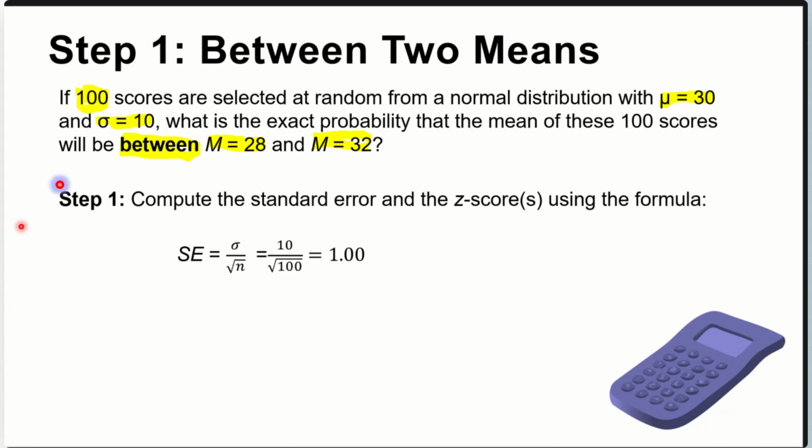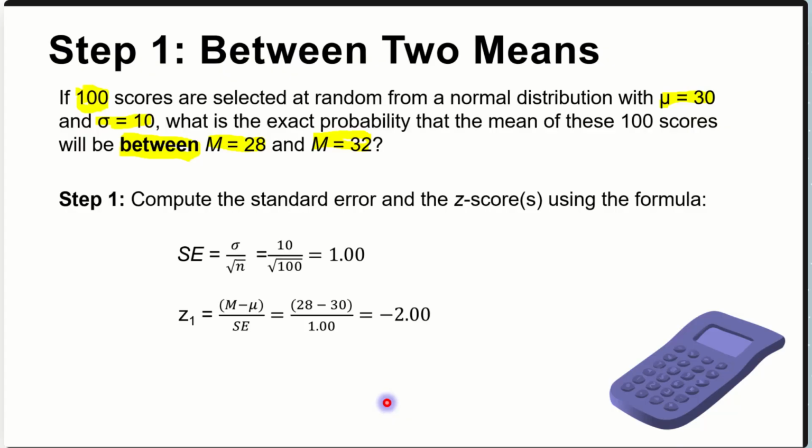To make a distinction between the two z-scores, the smaller of the two z-scores is going to be z1. That will be the smaller of the two means that we're transforming into a z-score. So that is 28 minus the population mean of 30 divided by the standard error that we computed up here. 28 minus 30 is -2, divided by 1 is -2.